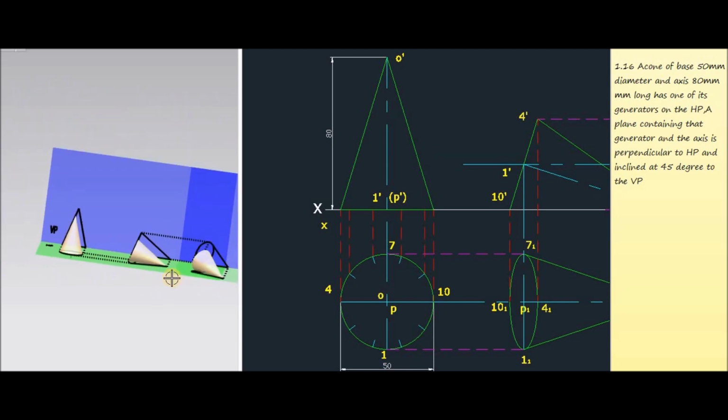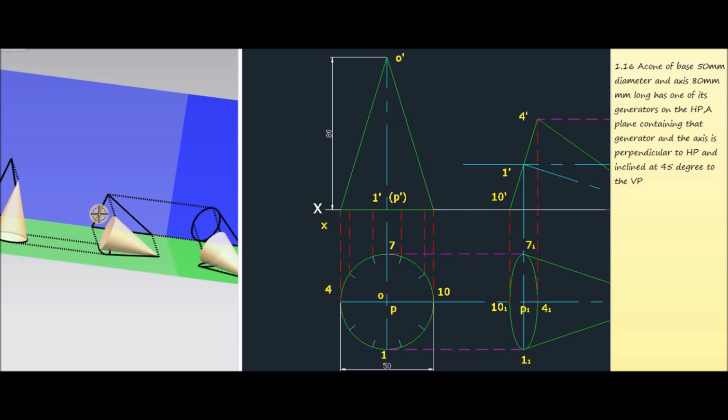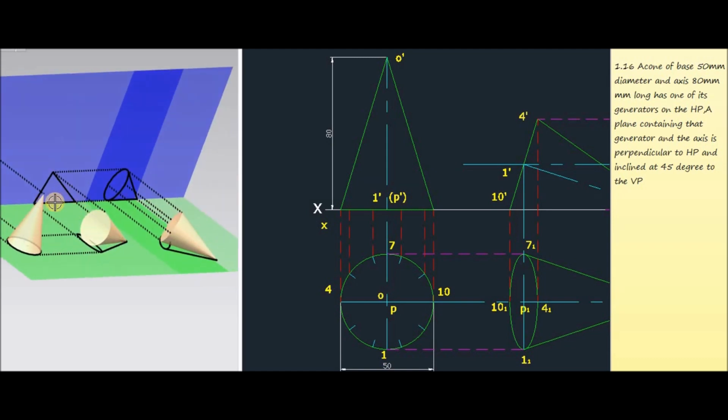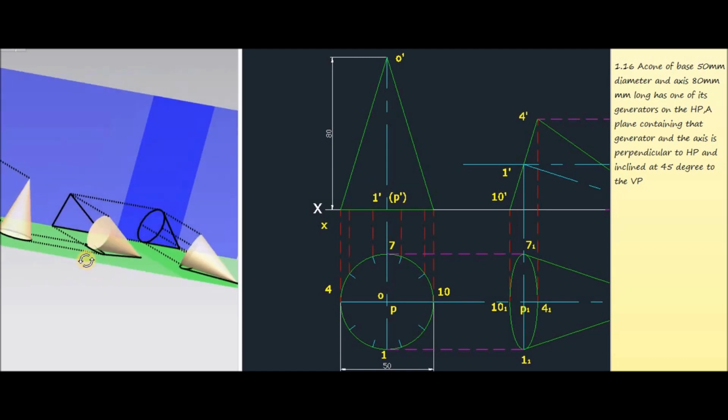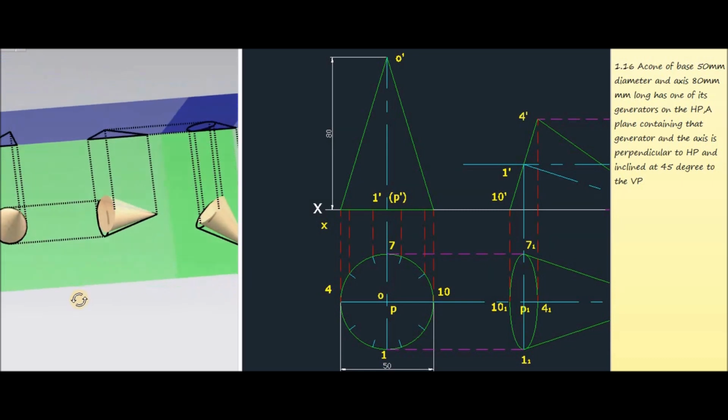Then observe this cone from the front side. We will get one triangle like this, which is obtained by projecting all the base points and vertex into the vertical plane. Now this triangle represents the front view corresponding to the second stage.